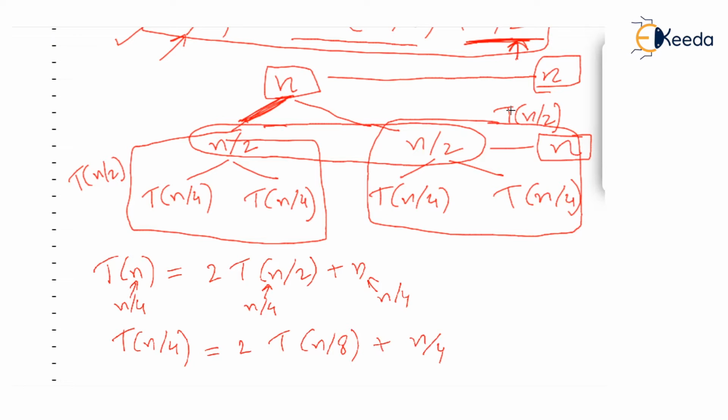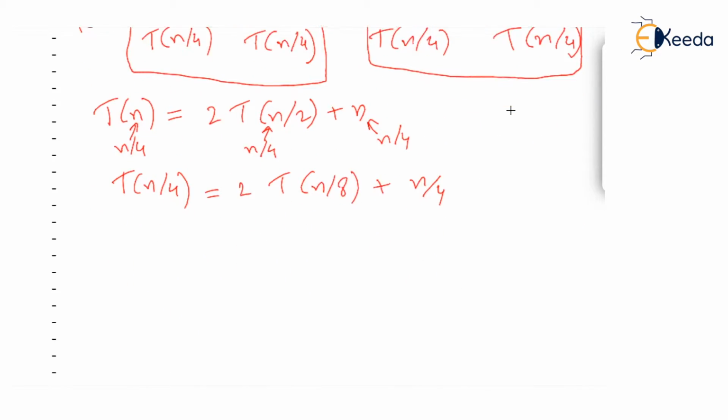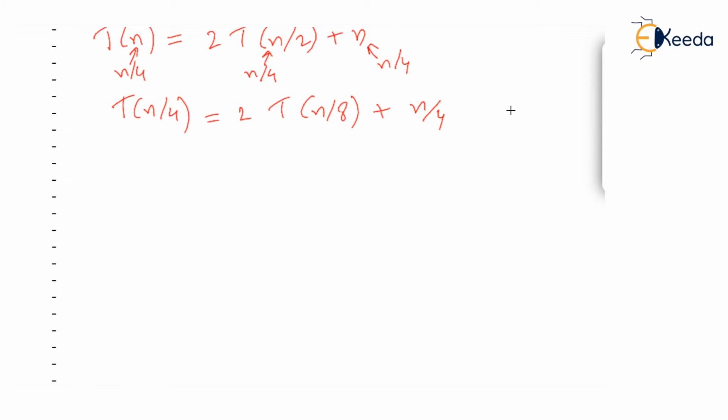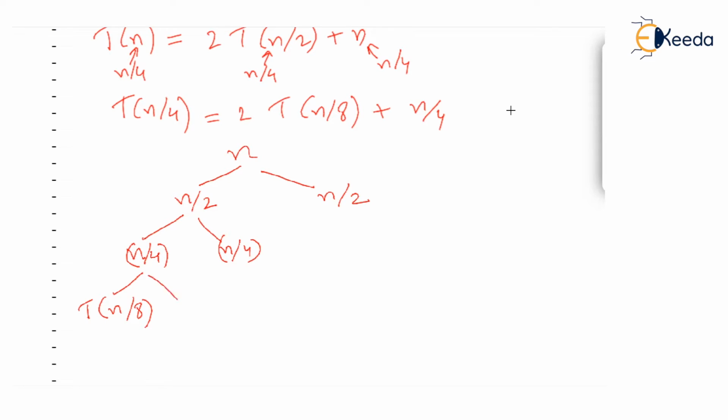So our tree will further extend, isn't it so? The root was n. The two children of the root were n by 2, n by 2, correct? Now the two children of this n by 2 will be n by 4 and n by 4, with each of them representing Tn by 8, Tn by 8, two children, Tn by 8.